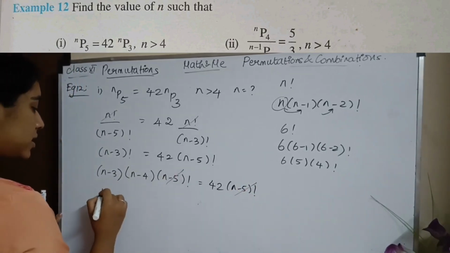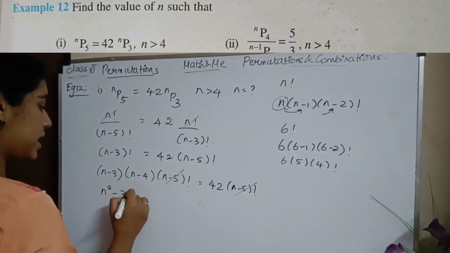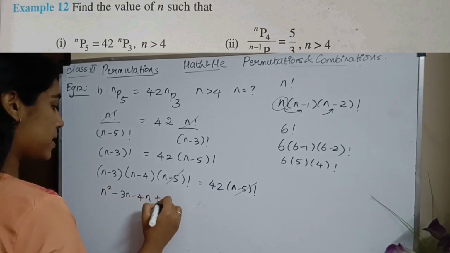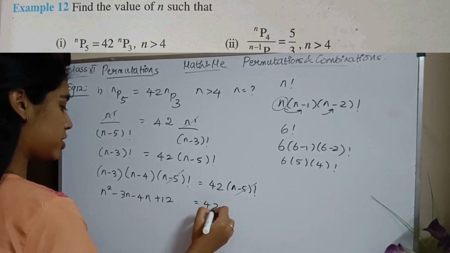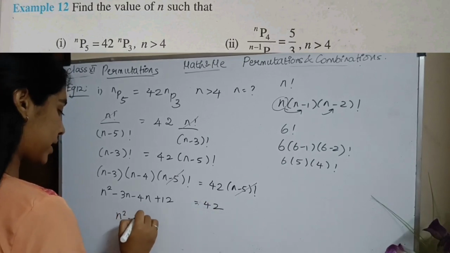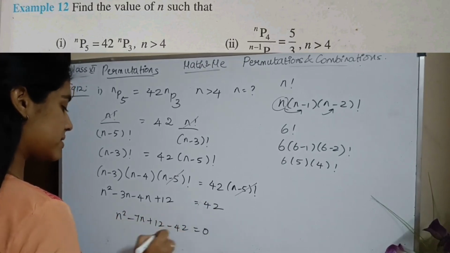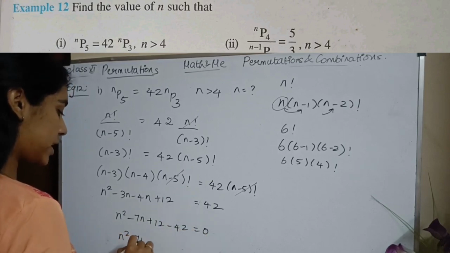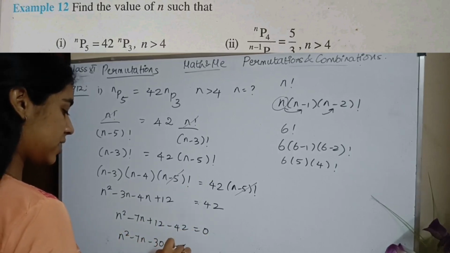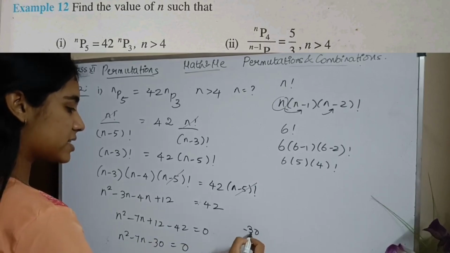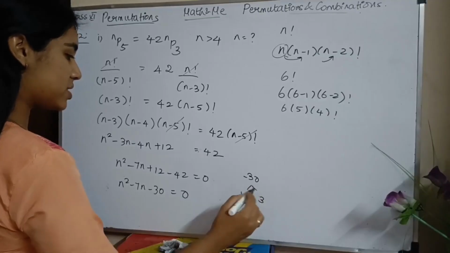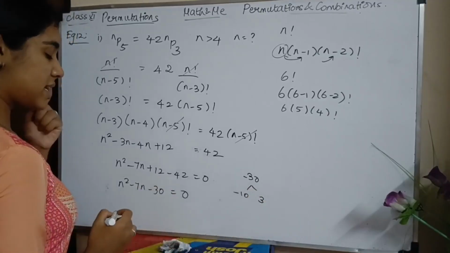When I multiply this, n square minus 3n minus 4n plus 12 equals 42. So I have n square minus 7n plus 12 minus 42 equals 0. So this will be n square minus 7n minus 30 equals 0. So 30 can be written as 10 times 3. I need a minus 7, so it is minus 10 plus 3.